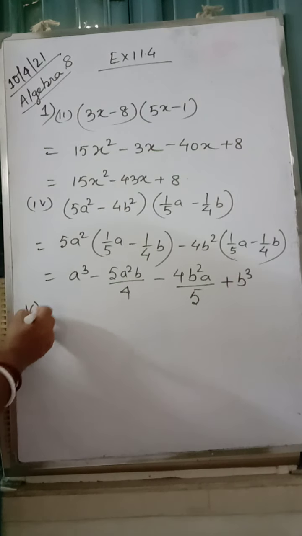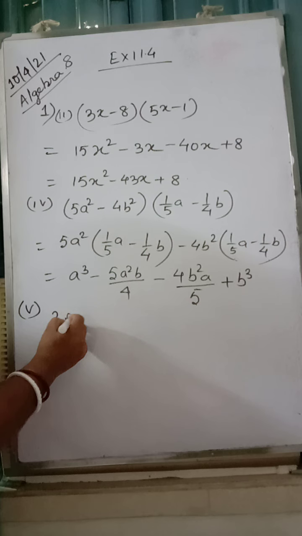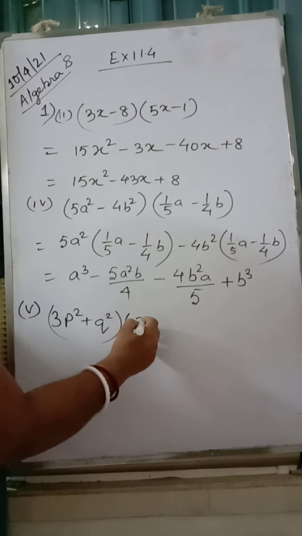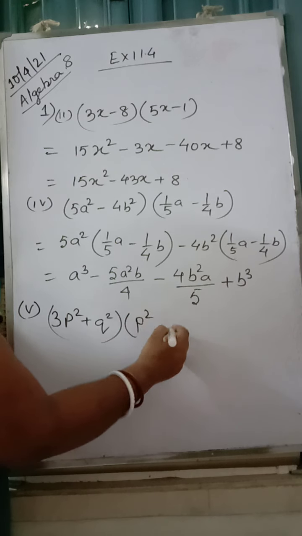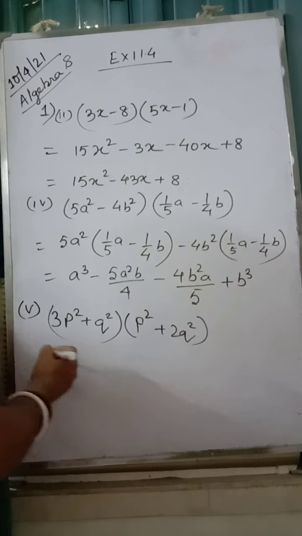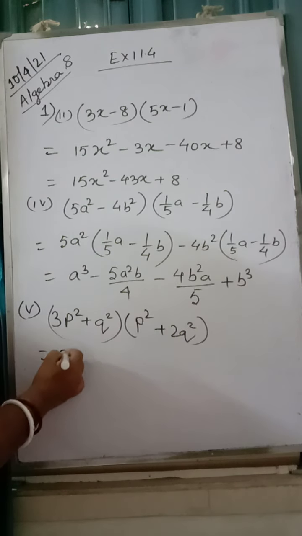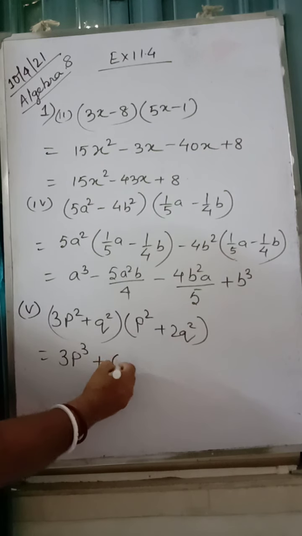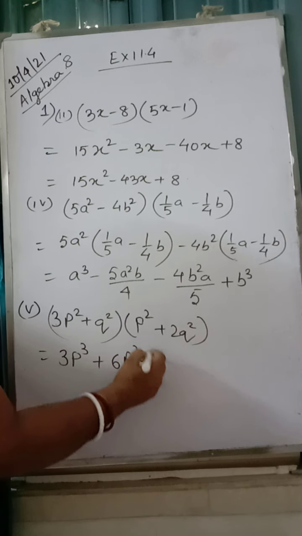Then see number 5. (3p square + q square) multiplied with (p square + 2q square). Now 3p to the power 4, then 3 2s are 6, p square q square.